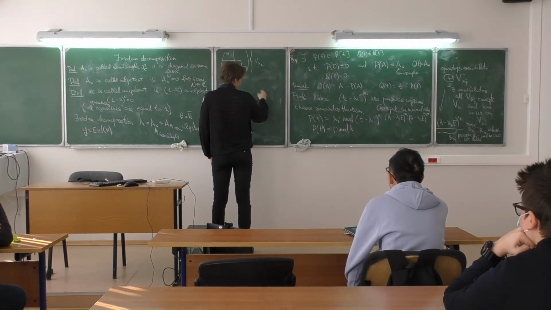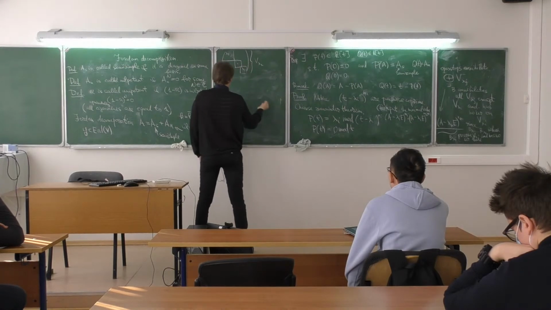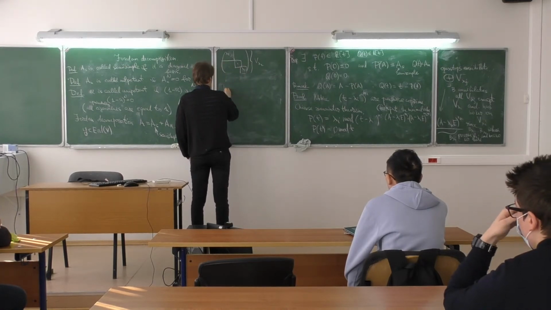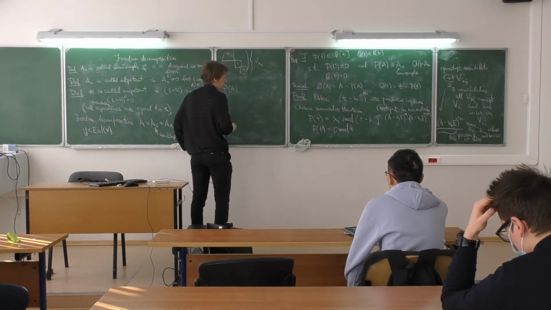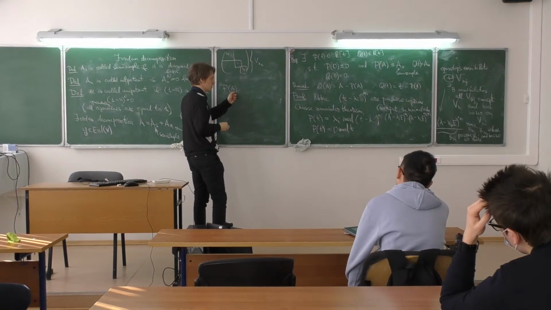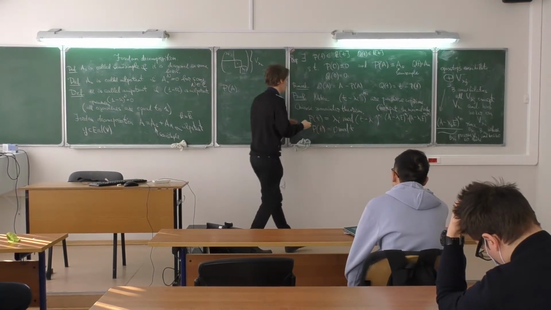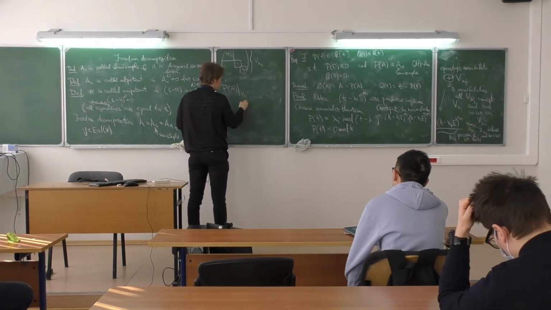Now we have to check what I have said. So what happens if you apply A to this polynomial, what happens when you restrict it to the space V lambda I?